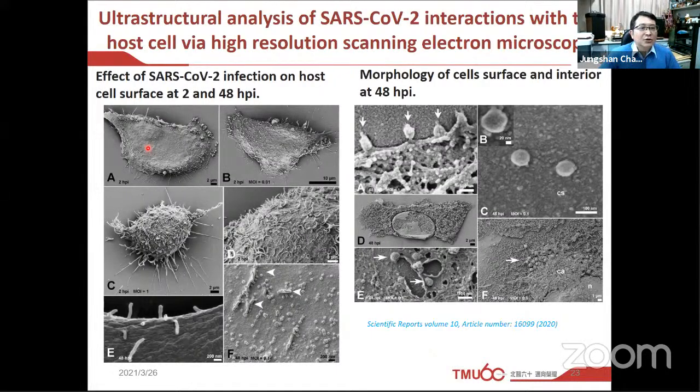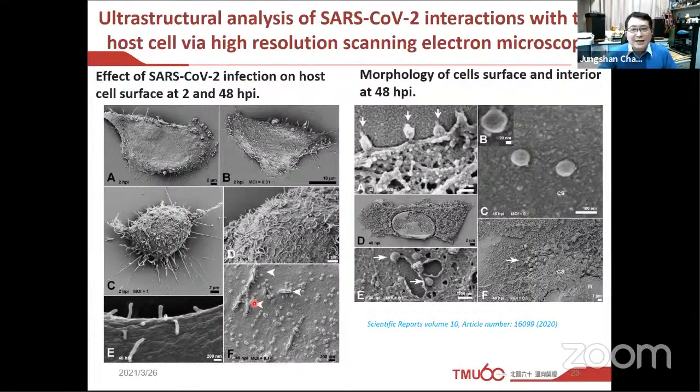SEM gives a more detailed shape to observe. After incubation from 2 hours to 48 hours, you can see the morphology of the host cells is changing. The most important feature is that the cell develops spike-like, pseudopodia structures on the cell surface. This is a very important structure which can assist the virus in leaving the host cells.